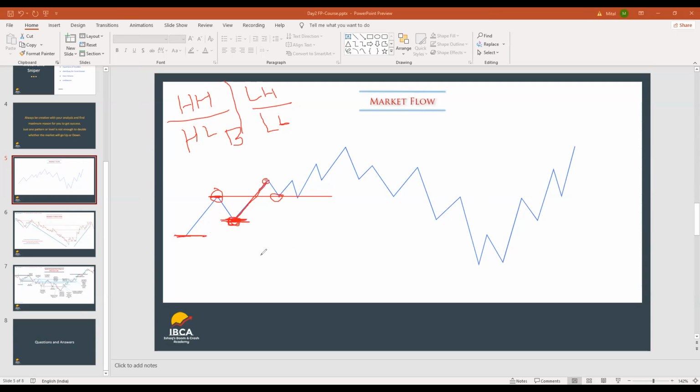Okay, so once you see the market making this movement, you should understand this is an uptrend, and if you are in boom, you don't have to worry, because you always want to buy in boom. So this is a good sign, because we may get too many buying opportunities. If it breaks this structure, that's your buying opportunity.